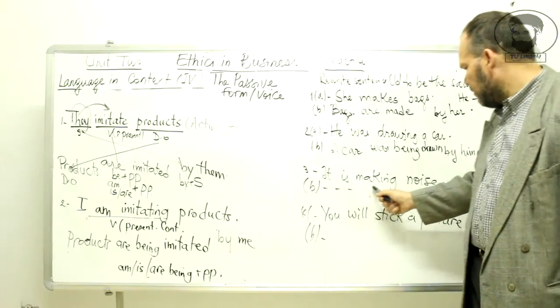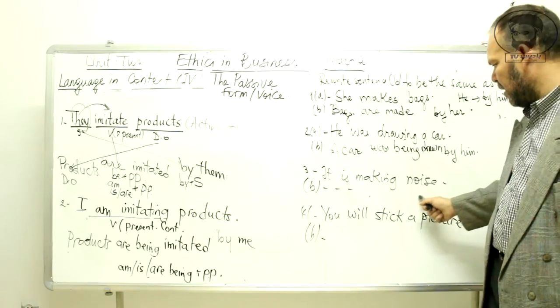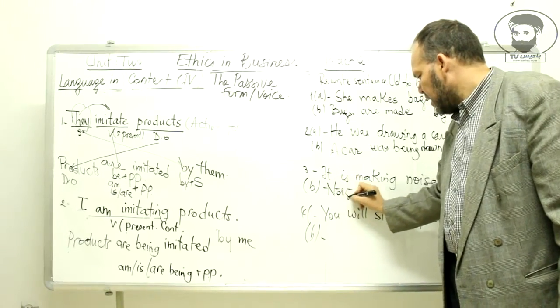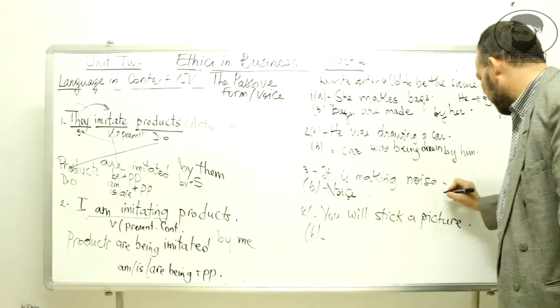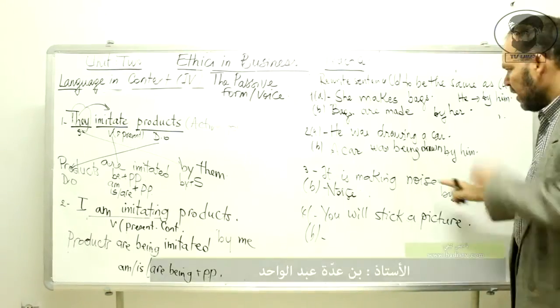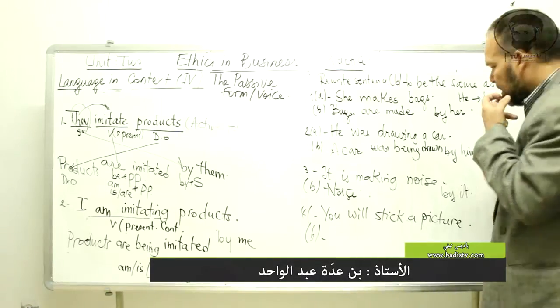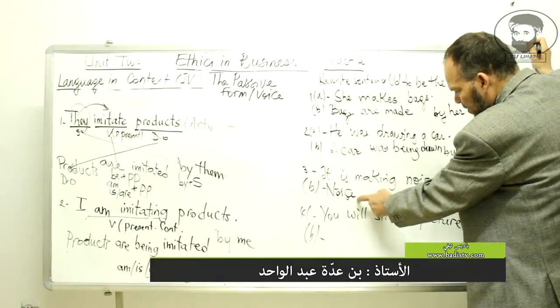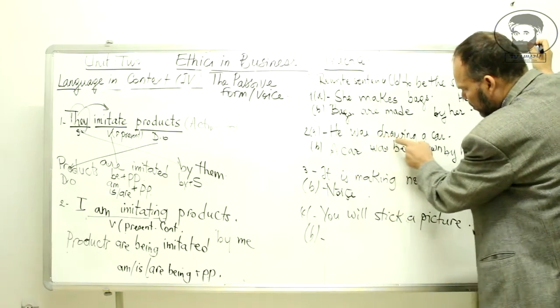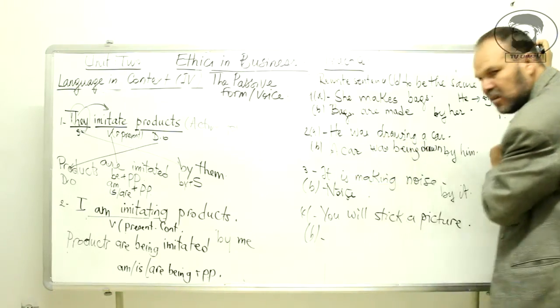Now, it is making noise. So remember noise, and by it. It doesn't change. It is it. Now, was drawing was past continuous; is making is present continuous.